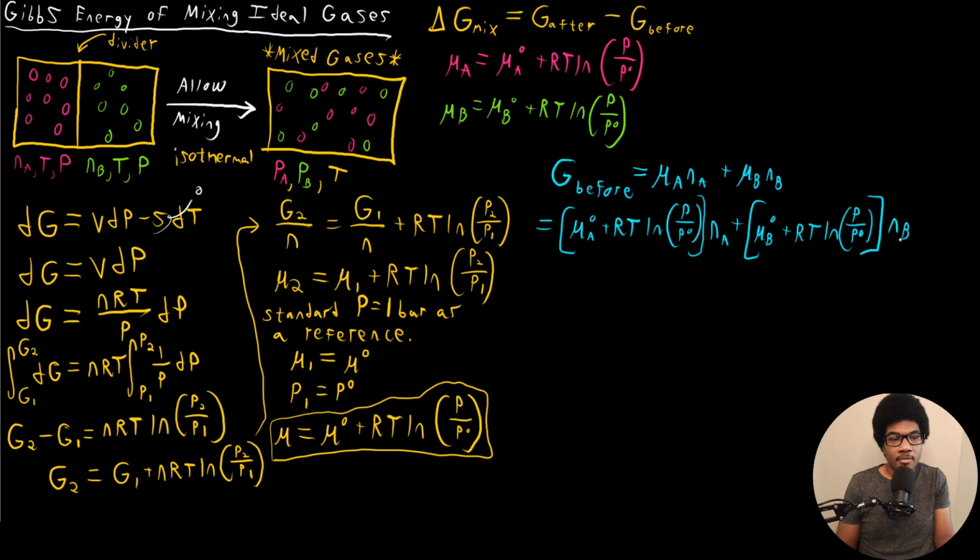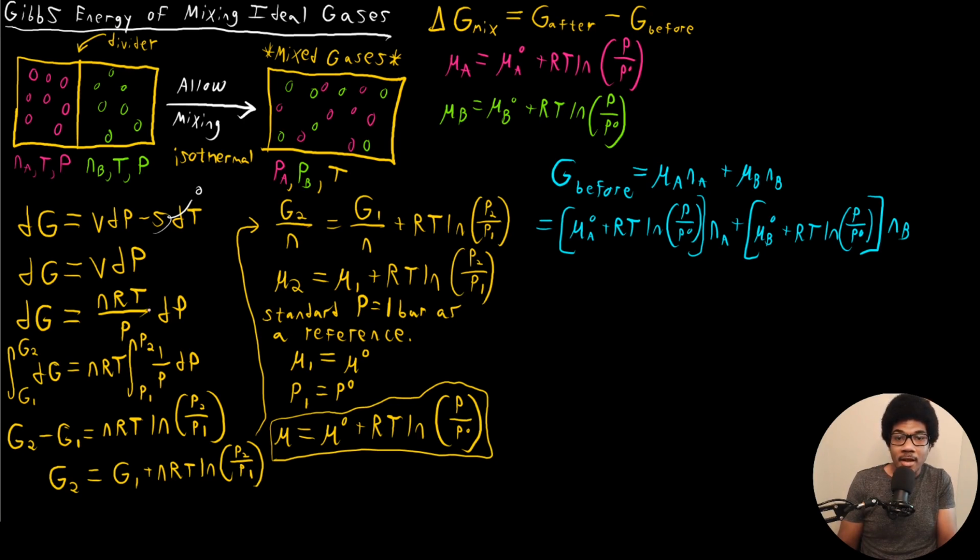And that's going to be times the number of moles of B. Okay, so this gives us the general expression for what happens before the mixture, right? So this is our G before, right?